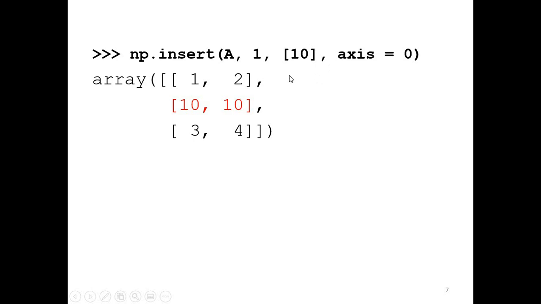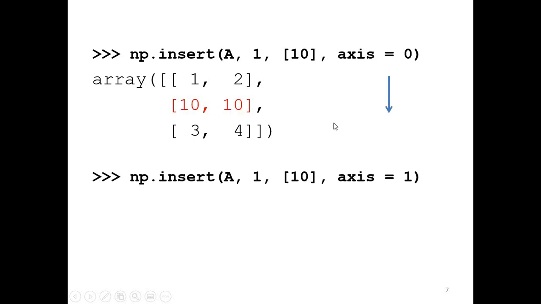So from the scalar, it has made it first as a vector and matched it and cleverly placed it in this position. So this is very nice. It's the same thing with axis equal to 1. It will also do the same thing, but in this horizontal direction. So it will place it here.